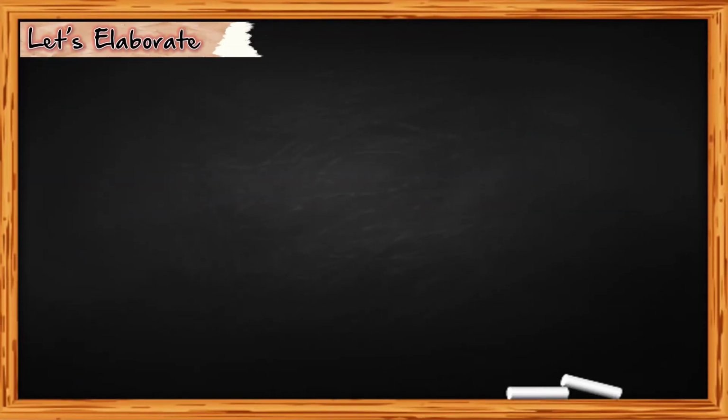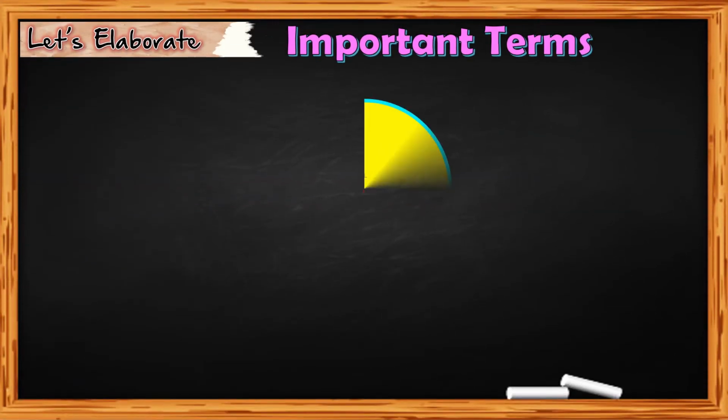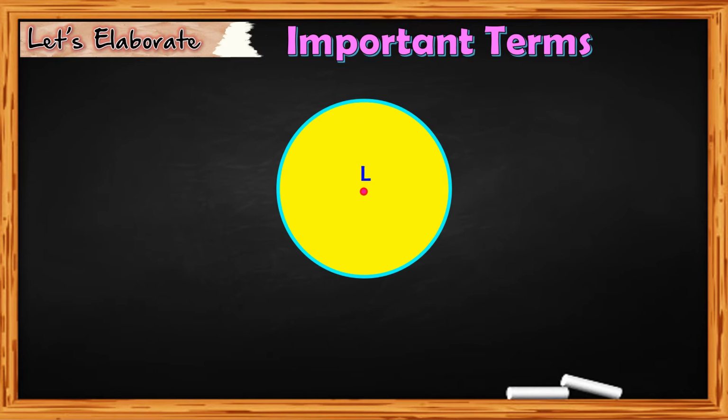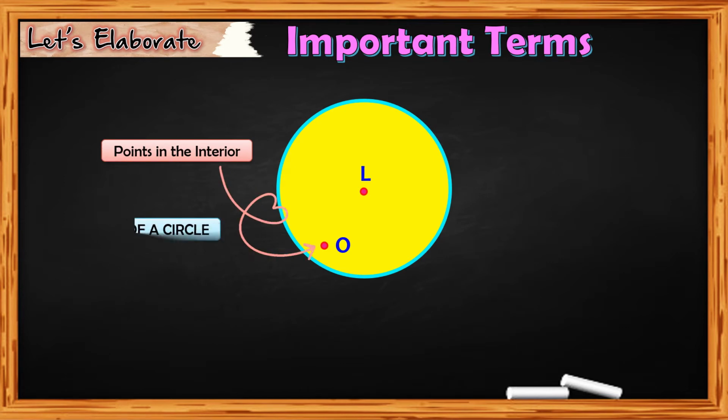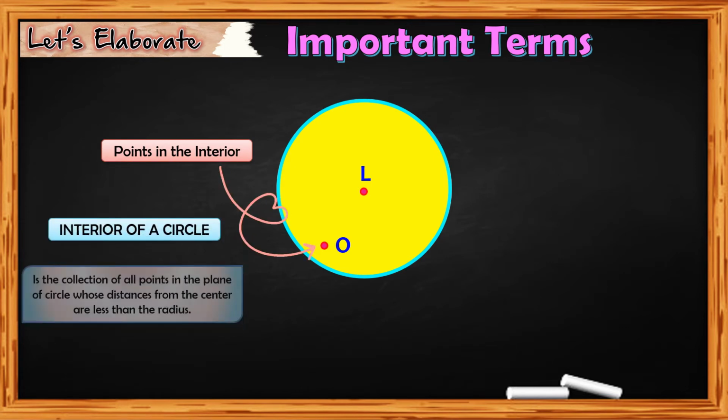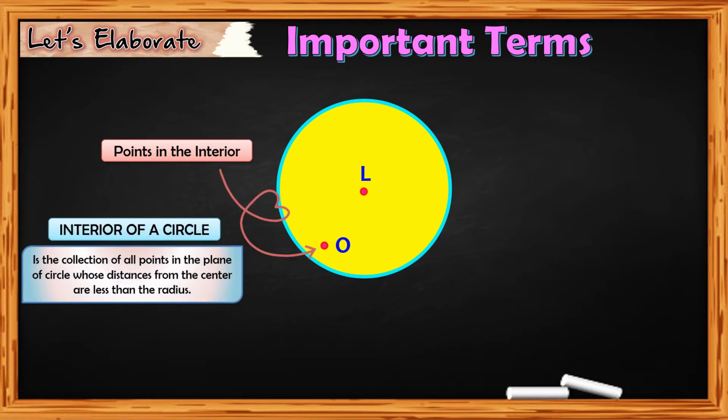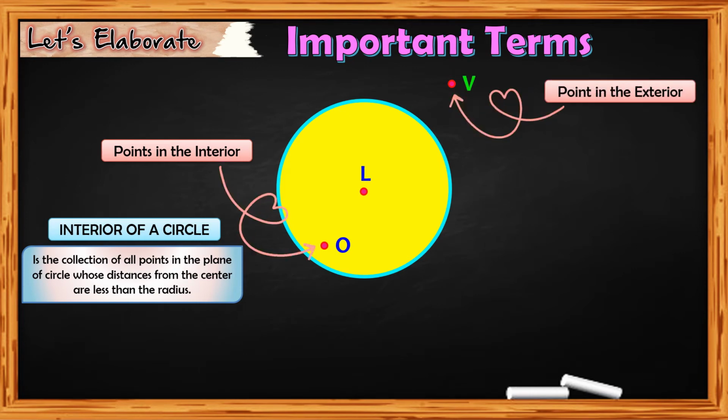Now, let's discuss the important terms. Given circle L, we have point L and point O are points in the interior. Interior of a circle is the collection of all points in the plane of a circle whose distances from the center are less than the radius. Next, we have point V. Point V is the point in the exterior.